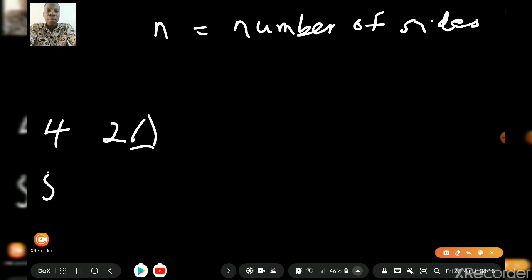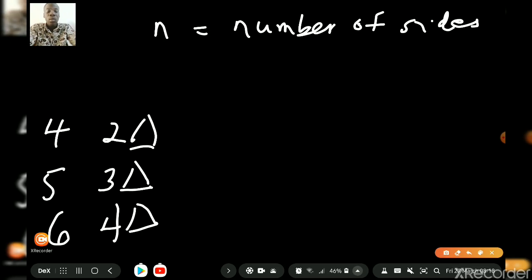When we have 5 sides, we had 3 triangles. We had 6 sides, 4 triangles. So this is going to work for every other polygon. The number of sides is going to be 2 more than the number of triangles, or the number of triangles is going to be 2 less than the number of sides.